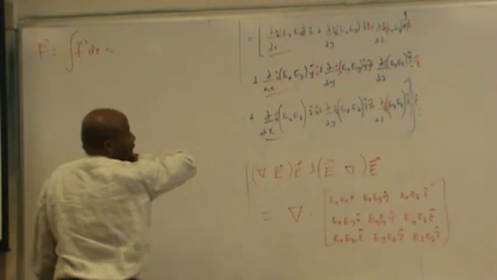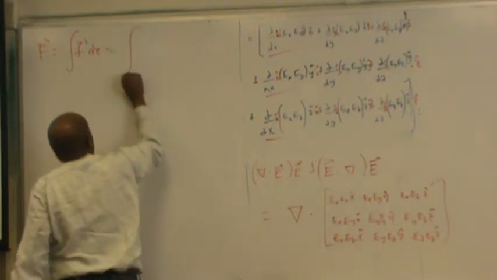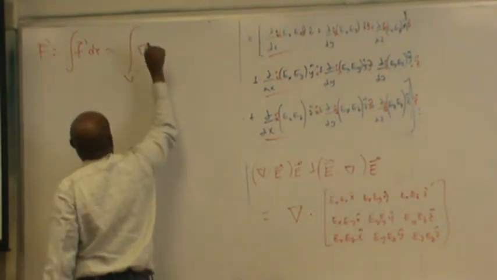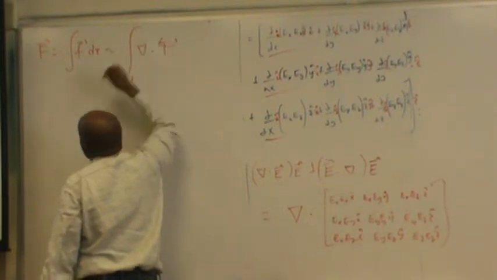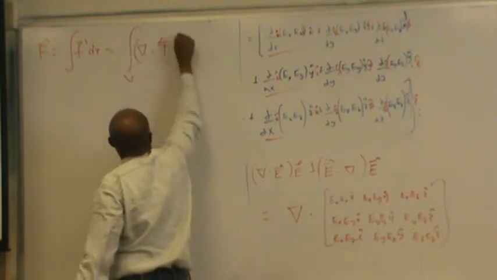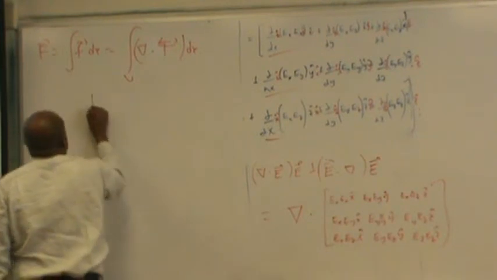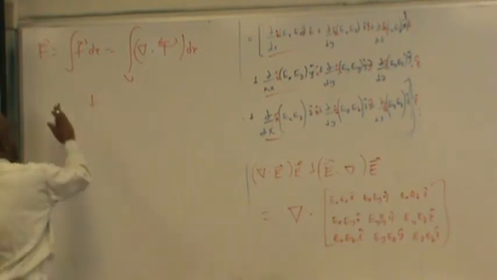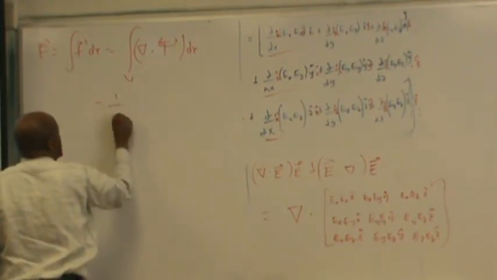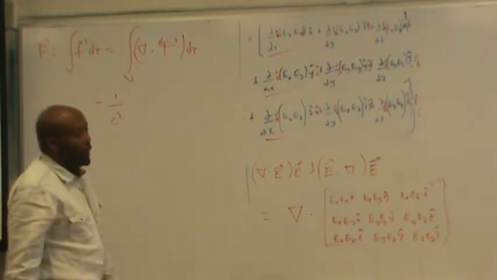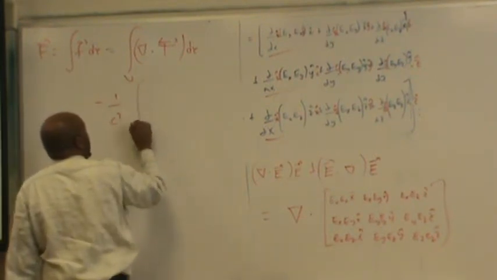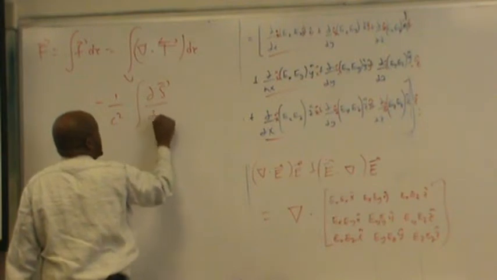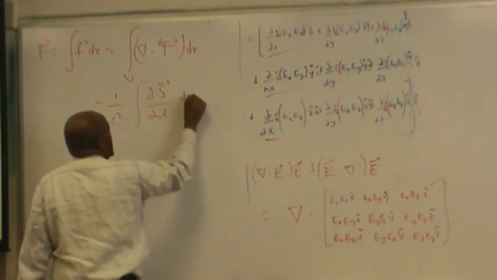That is going to be the integral over the volume of the divergence of the Maxwell tensor d tau plus minus 1 over the speed of light squared times the integral of dS by dt d tau.